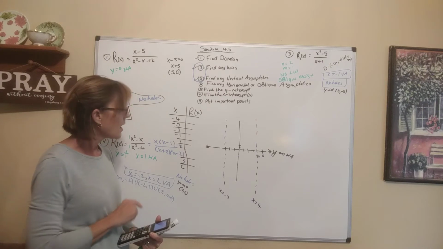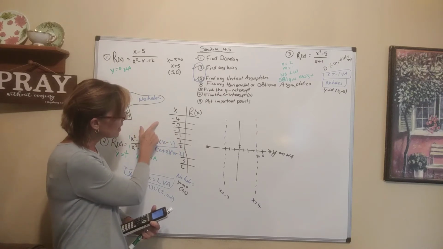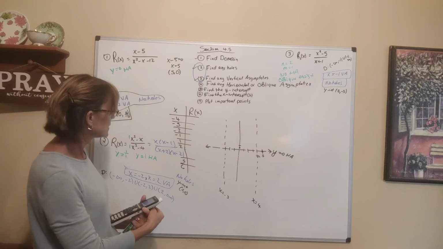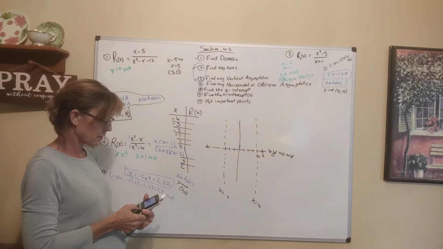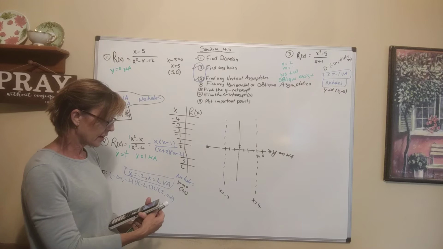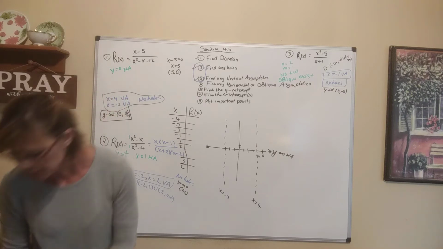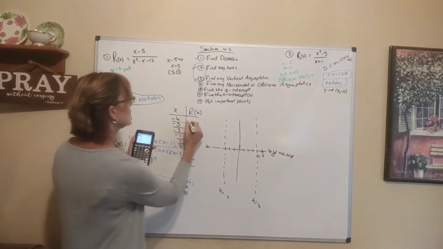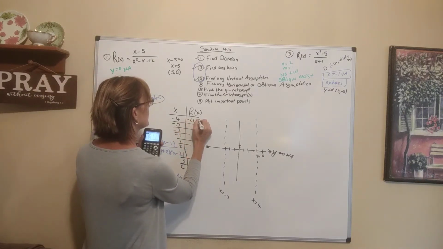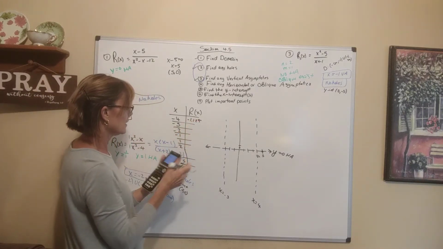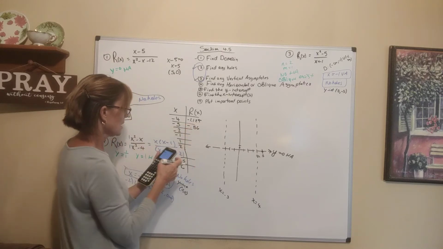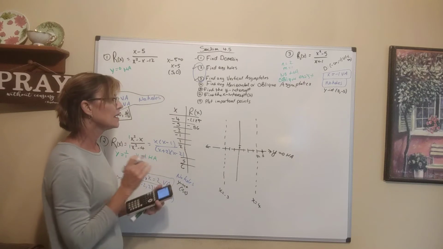So I want these values. Since these are whole numbers, I'm just going to go down and see what they would be. It says that at negative 4, I would get negative 1.125. At negative 5, I get negative 0.56.